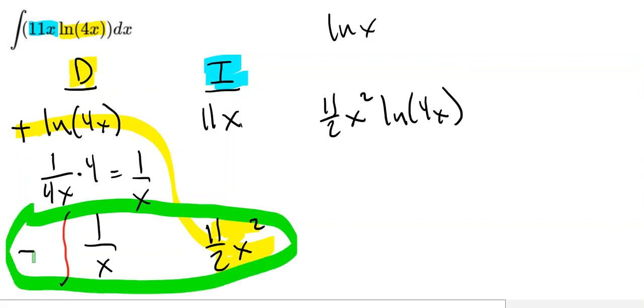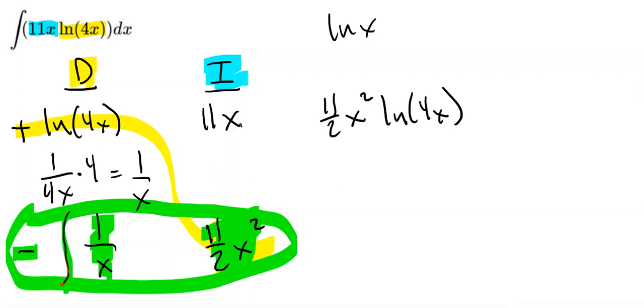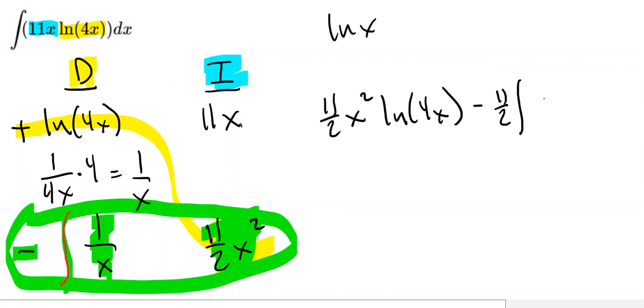We are going to do minus the integral of 1 over x times 11 halves x squared. So that's going to look like this, minus 11 halves times the integral of 1 over x times x squared dx.